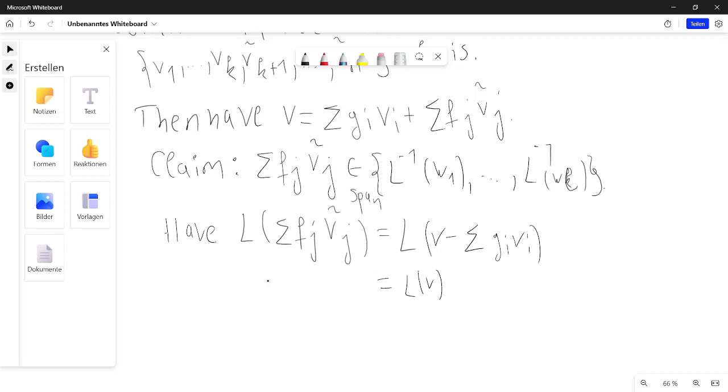Want to show something, to have that these vectors, or that the images of these vectors, are actually linearly independent.